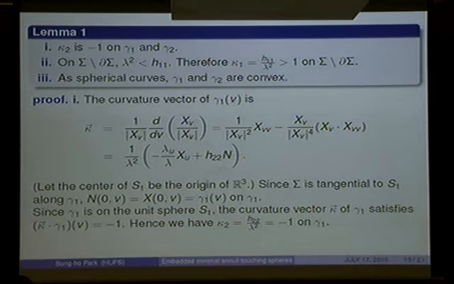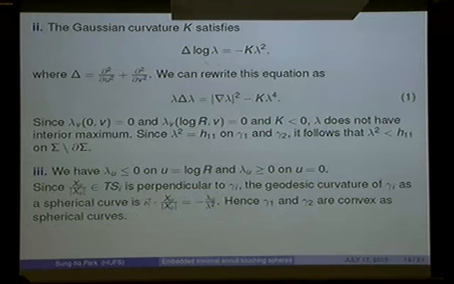And it is this, and this one is minus 1. So I have the first result.